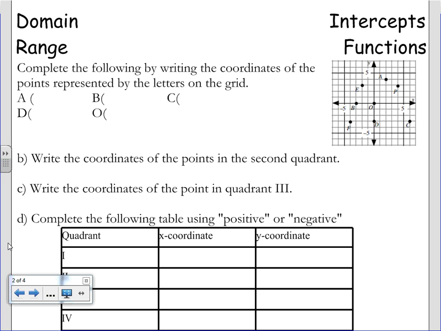So for A, the X value is 2, so you put 2, comma, and then the Y value you just count up: 1, 2, 3, 4. That would be your answer. Every time you label a point, X, then Y. That easy. Go ahead, fly through it. Do B, do C, do D, do E.